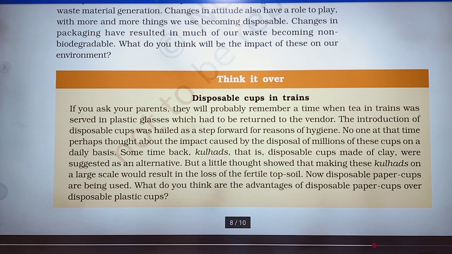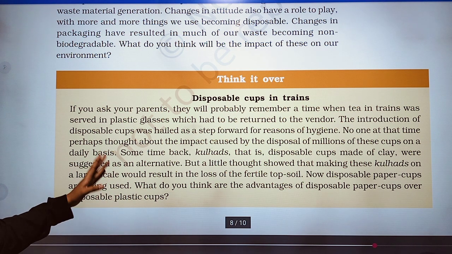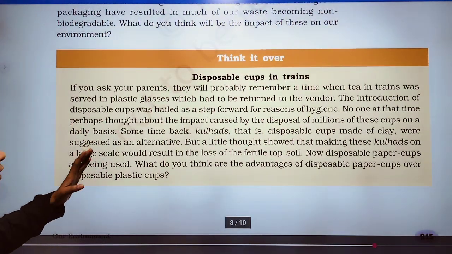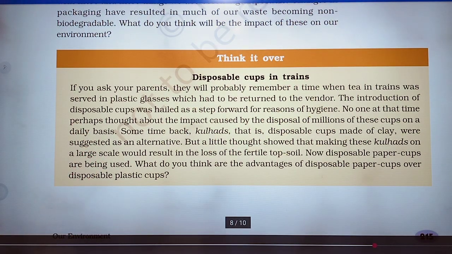Some time back, there was the kulhad, a disposable cup made of clay, a cup that is made up of clay.